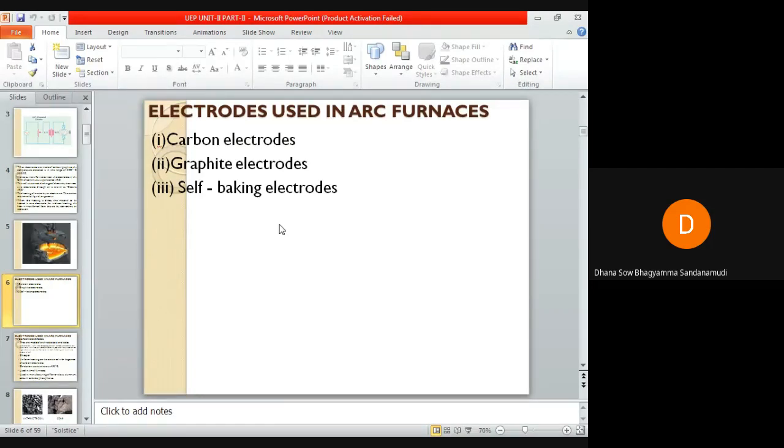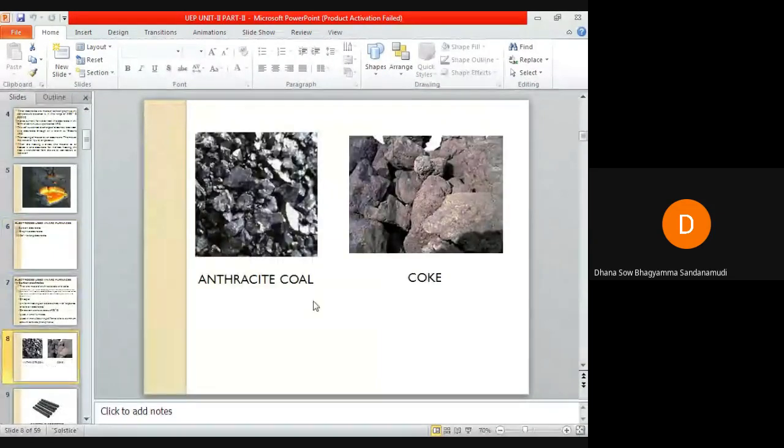And coke is a gray, hard, and porous fuel with a high carbon content and few impurities, made by heating coal or oil in the absence of air. So this is anthracite coal and this is coke.